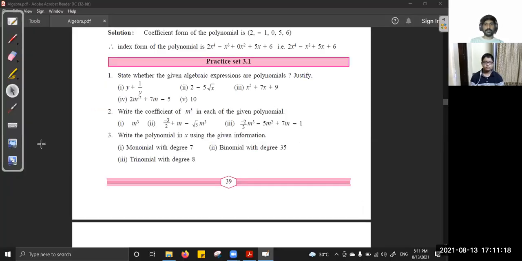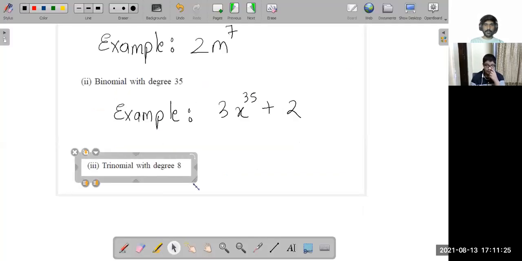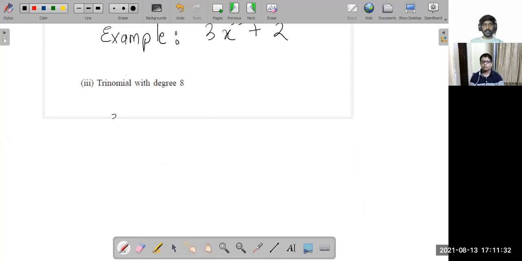Let's see the third one. Trinomial with degree 8. 7m raised to the power of 8 plus 3m square plus 2.